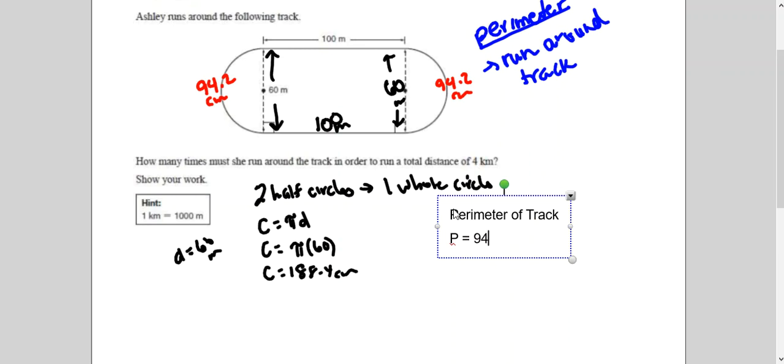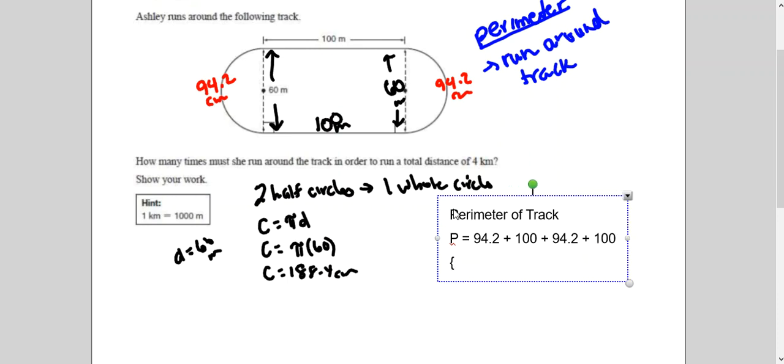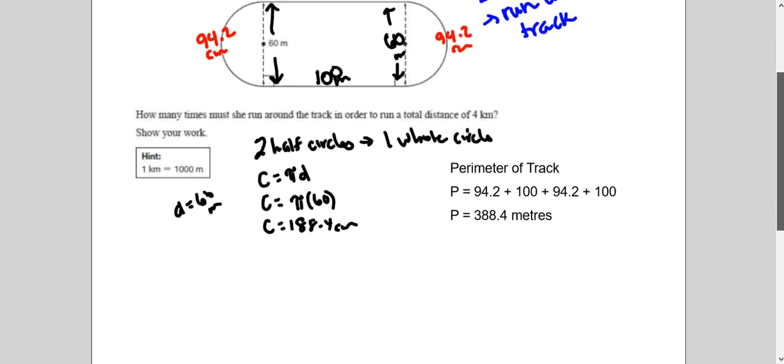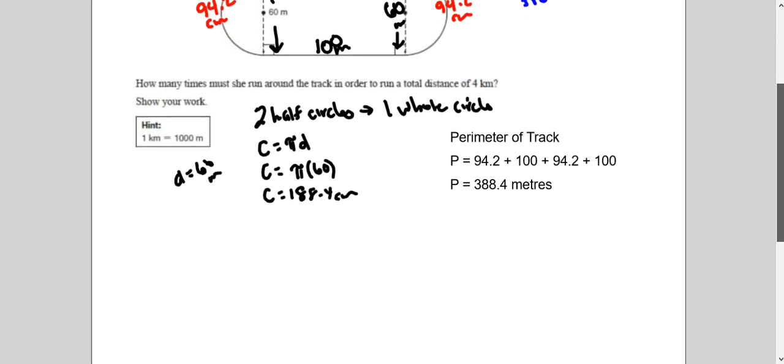So I've got 94.2 plus 100 plus 94.2 plus 100. So that's going to be 388.4 meters. All right. So it's not quite 400 meters, which would be a full track, but yeah, we'll live with it.